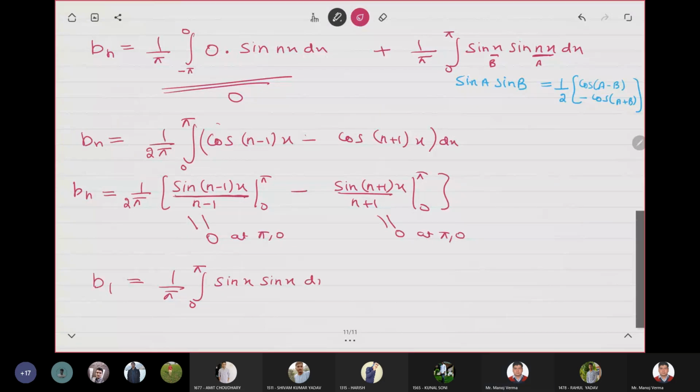So this will be 1 over pi, integral 0 to pi sin square x dx.